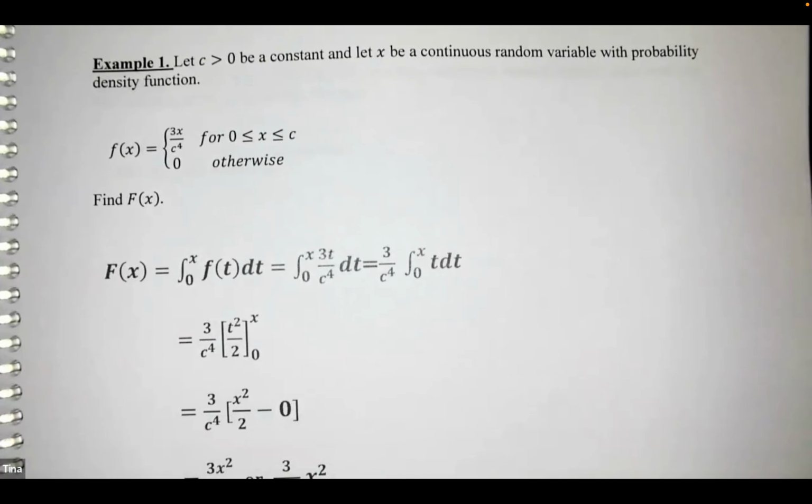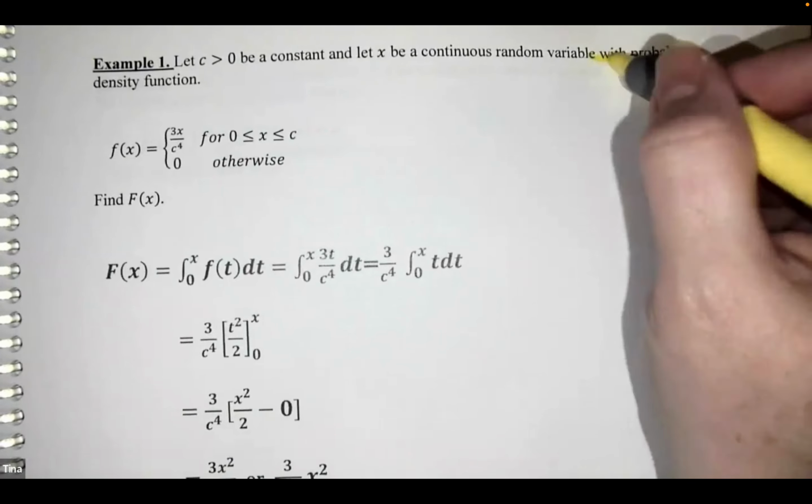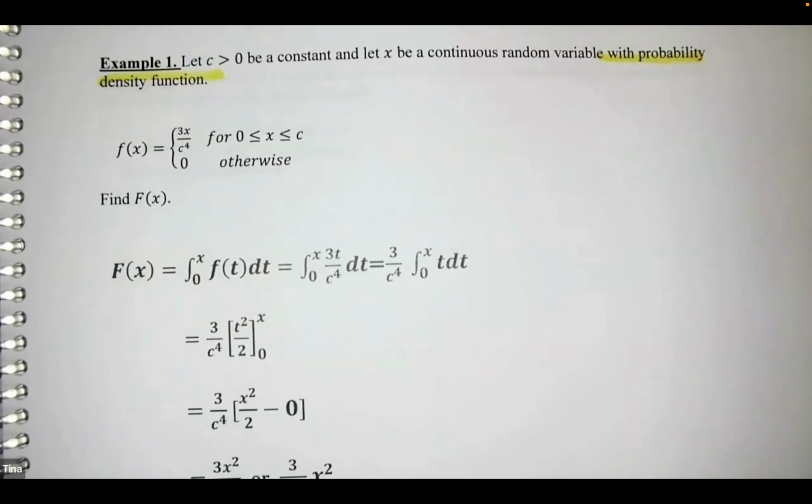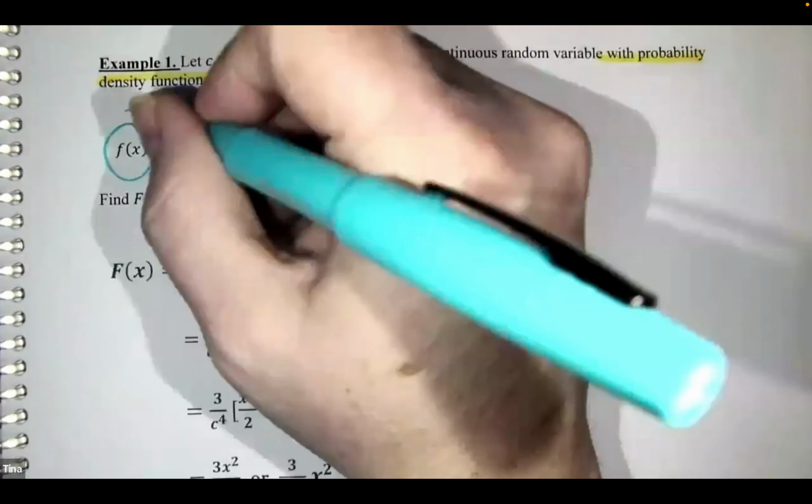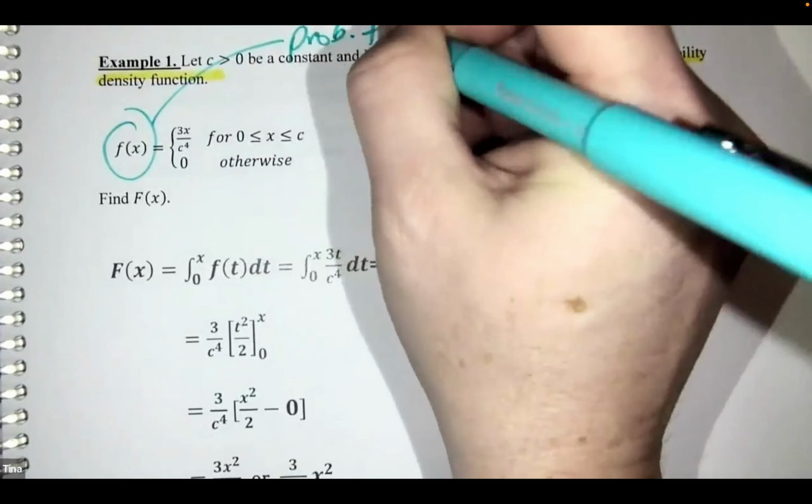So here we've got example 1. Let C greater than 0 be a constant, and let X be a continuous random variable with a probability density function. So here we read this question, we know it's continuous, so it's representing some graph, and it's representing probability. So see how this is a little f? That means this is a probability function, right?